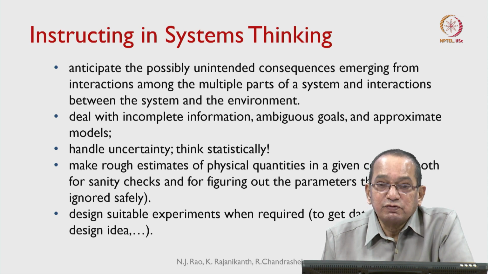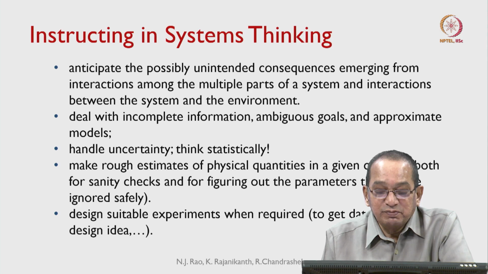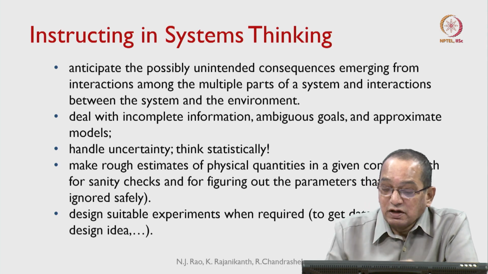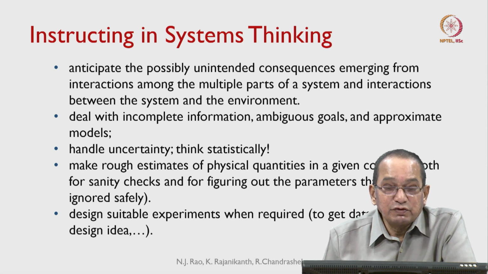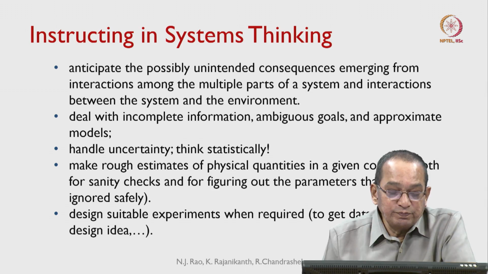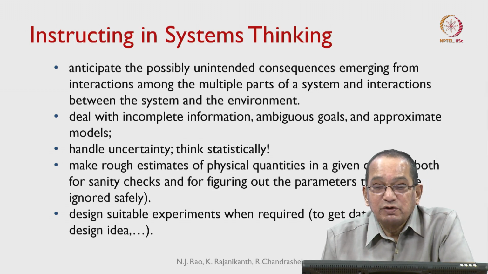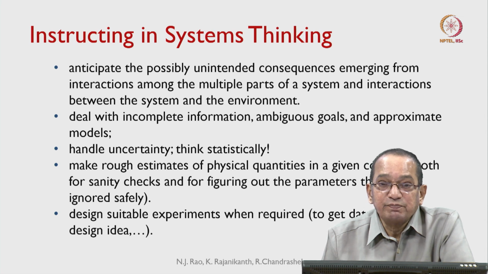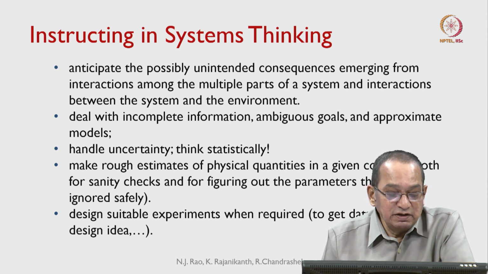But in the process of becoming a system, they might interact in totally unanticipated, unintended ways, and the consequences might be really not planned at all. So, unintended consequences emerge from the interactions among the multiple parts of the system and the interactions between the system and the environment also. Students must be able to anticipate that such things are possible and then plan accordingly.